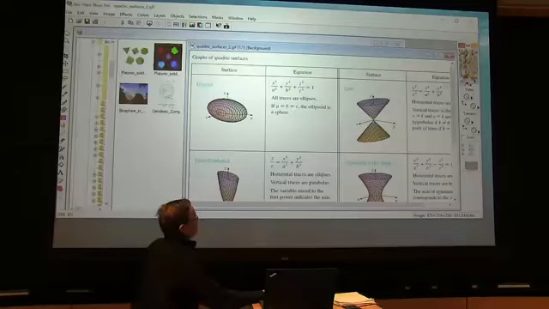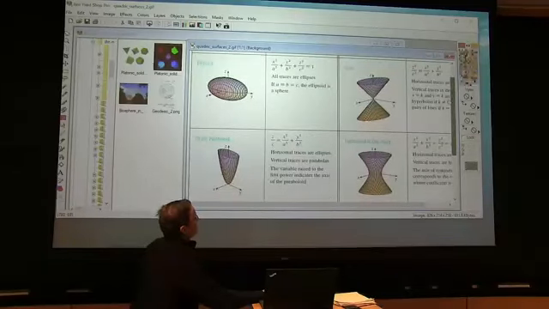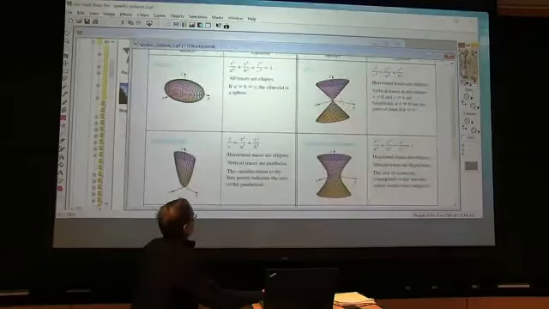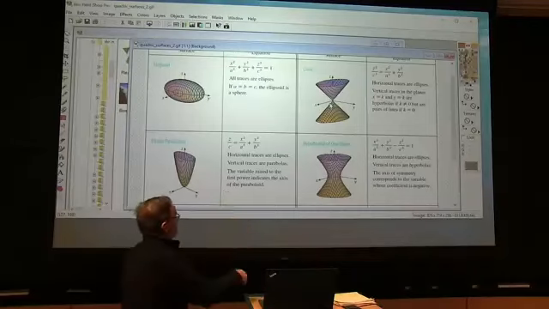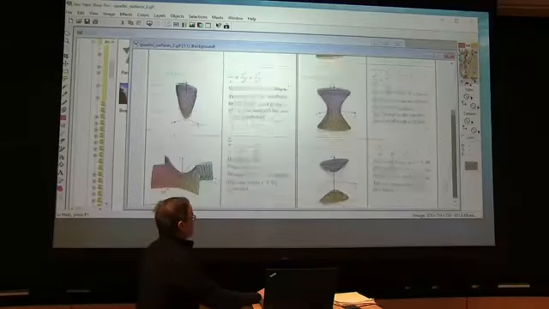Then there's a special case of that where we're dealing with a cone, where the neck of the hyperboloid of one sheet becomes infinitesimally small. And then we have the elliptic paraboloid, and this one we've already seen, the hyperboloid of one sheet.